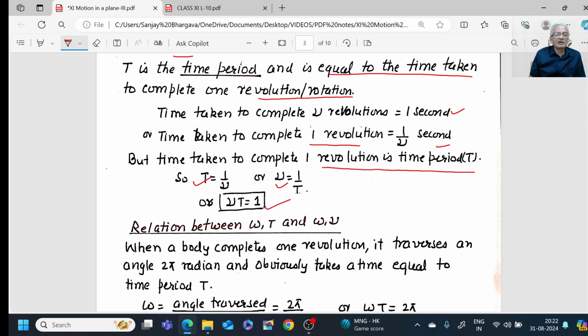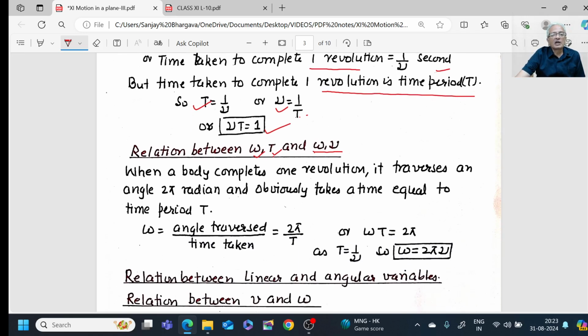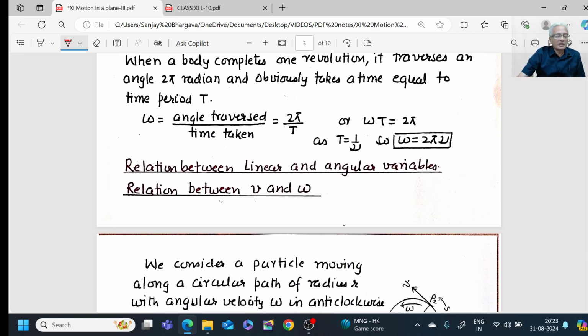Now we calculate the relationship between angular velocity omega and time period, that is the omega-T relation and the omega-nu relation. When a body completes one revolution, it travels an angle 2 pi radian and obviously takes a time equal to the time period.